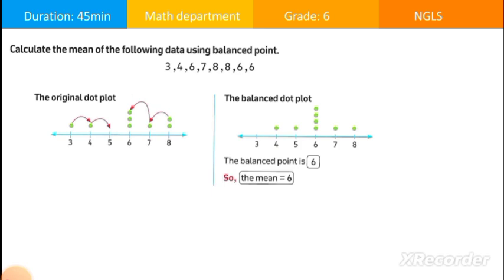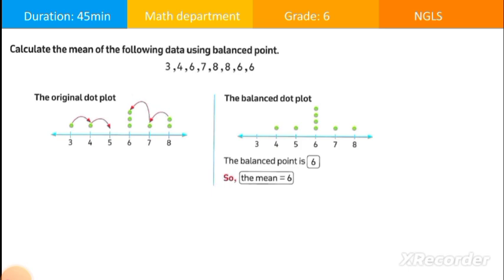To find the balance point, I suppose 6, very good, because 3 to 4, and 8 to 7, and 4 to 5, and 5 to 6, and 4 to 5, and 5 to 6, and 8 to 7, and 7 to 6. Then the balance point is 6 and the mean is 6.